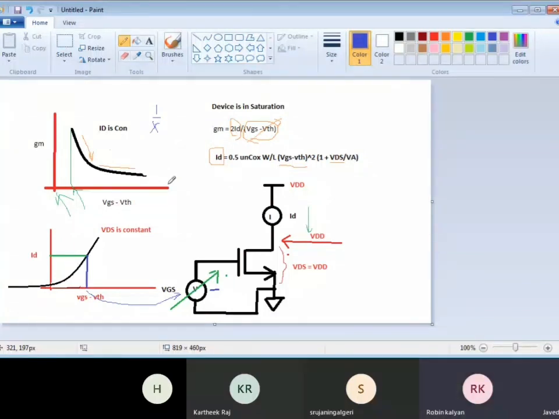Yes, both the x-axis of the above graph and the x-axis of the below graph are varying. The moment we say VGS is varying. Yes, but we have enforced the ID to be constant from here. So extra current cannot come from anywhere. Where is extra current coming from?